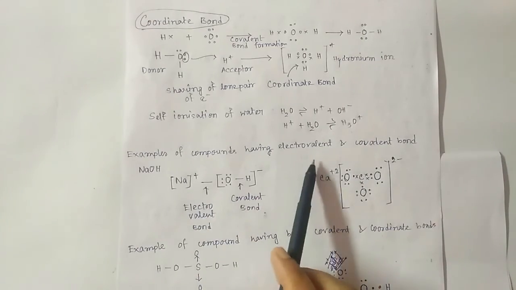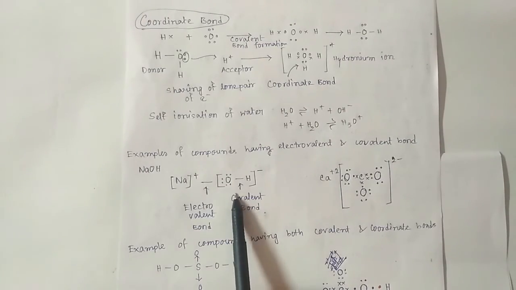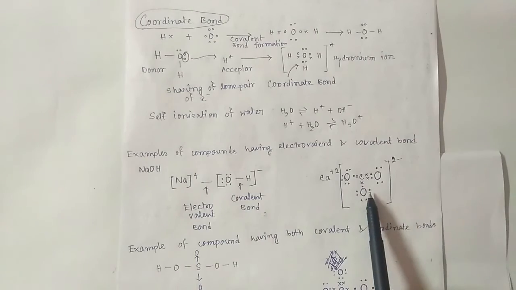Examples of compounds having both electrovalent and covalent bond is NaOH, where this is electrovalent bond and this is a covalent bond. Here you can also see in CaCO3.